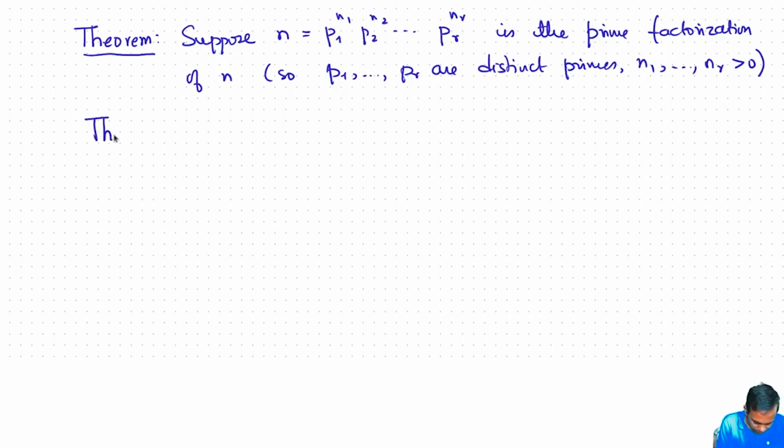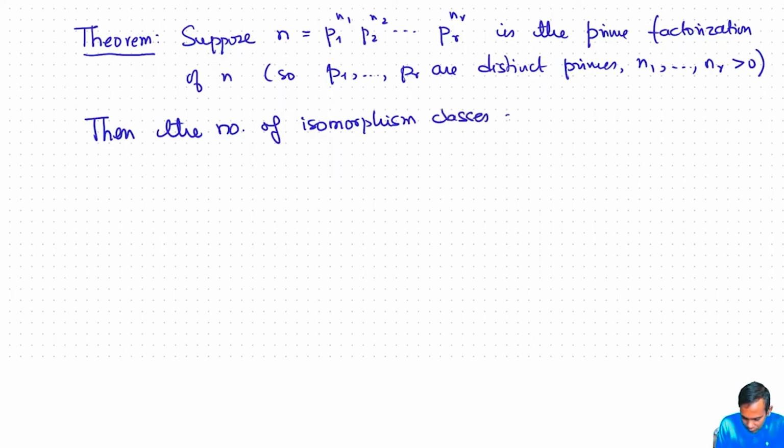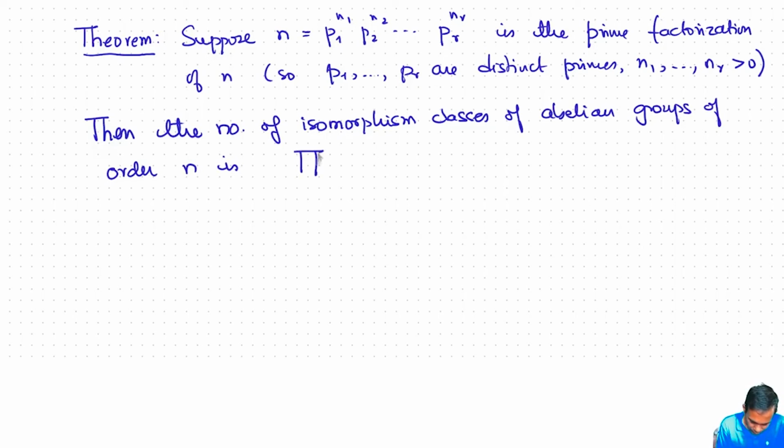Then the number of isomorphism classes of abelian groups of order n is the product, j equals 1 to r, of P(nj). And I guess the proof is clear by now.